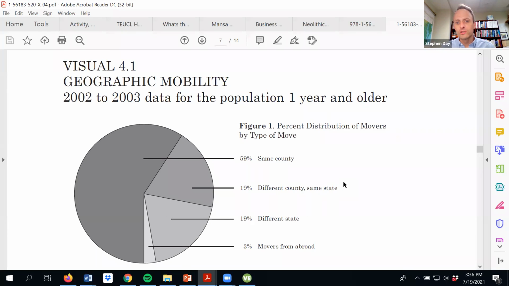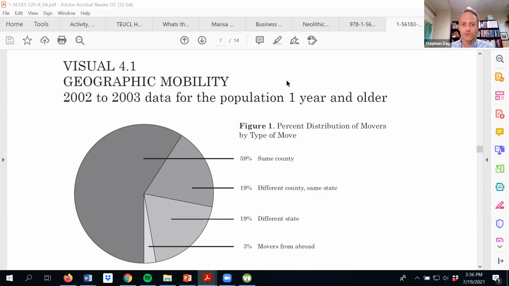So where do most of the movements happen? Same county. Yeah, so what do you think's going on there? Can someone tell me a story for what's probably happening when someone moves inside the same county? Getting a bigger house. Yeah, bigger house. Expanded family. Okay, yeah. So you're staying in the same community.